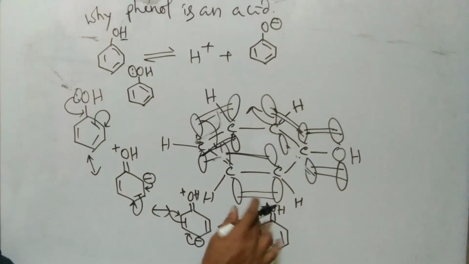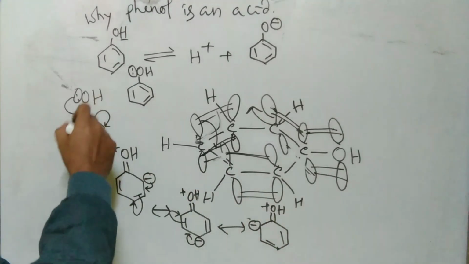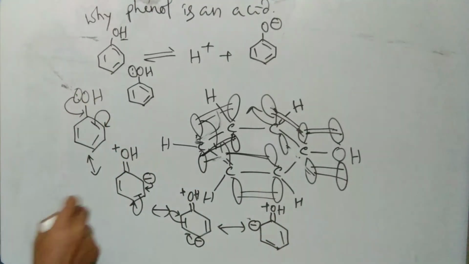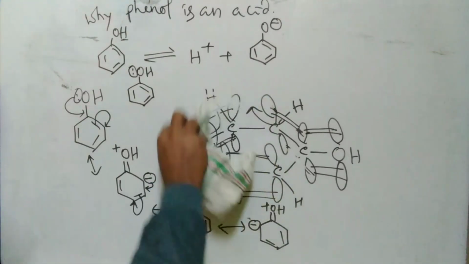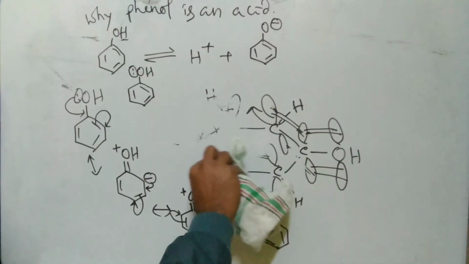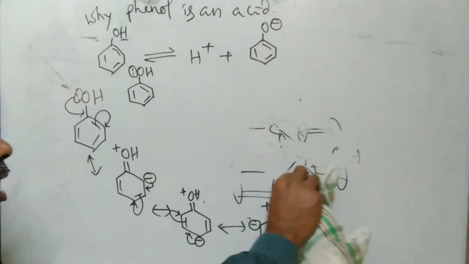Now when a double bond is formed and this bond breaks to oxygen, we again get phenol. So these are the 4 resonating structures of phenol, and now we'll draw the resonating structures of phenoxide ion, and then we'll consider the relative stabilities of phenol and phenoxide ion.